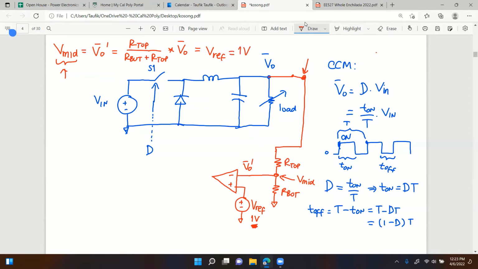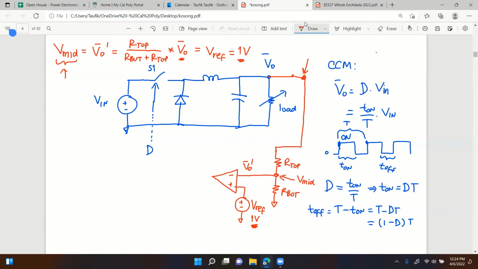So you know the Vref from the controller, which is a constant value, and you know the V out that you want, let's say 5 volts or whatever it is. The two unknowns are R top and R bottom. But that's easy: you just pick one, and then you get one unknown.